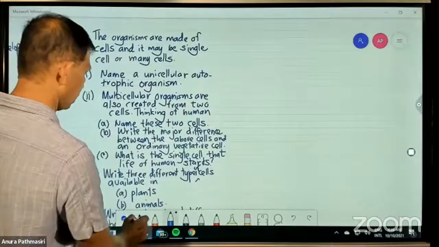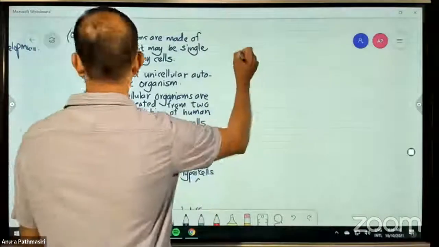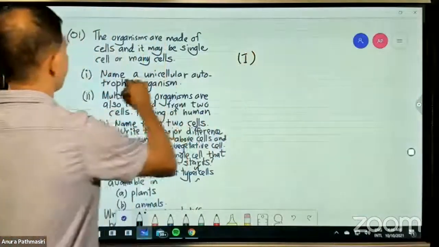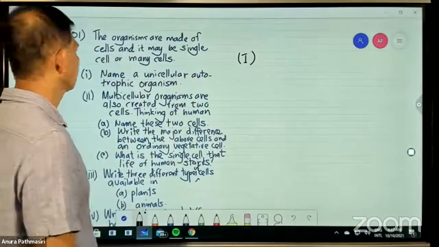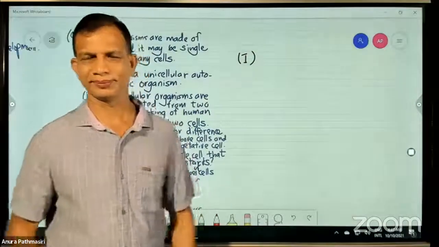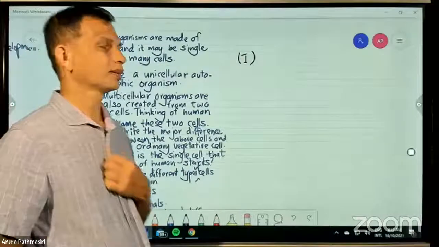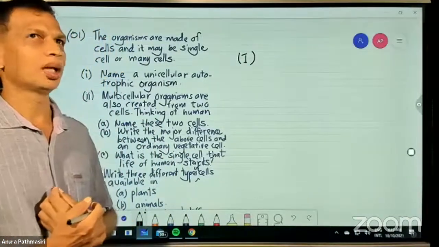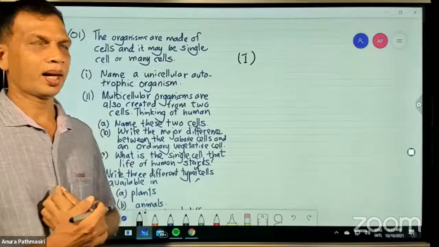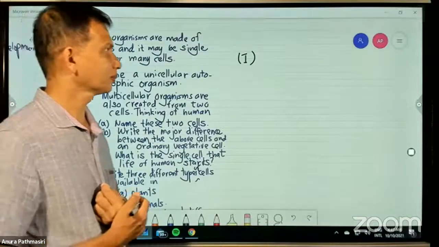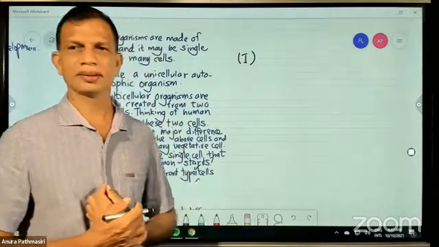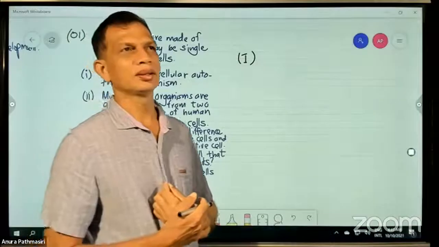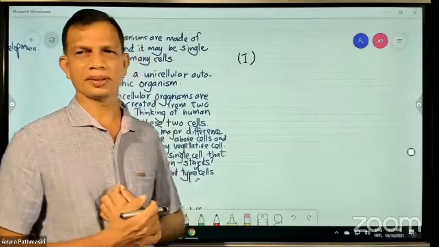The answer, I've selected the black one, and the first part. Name a unicellular autotrophic organism. What is it? Protozoa? No. Algae is fine. Can you name one organism? Algae, protozoa is a group of organisms.